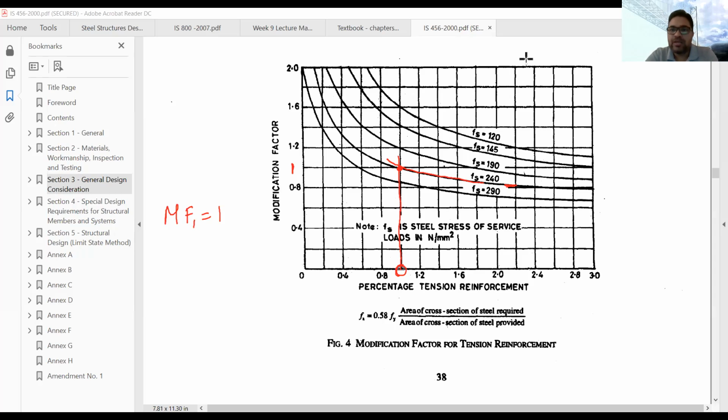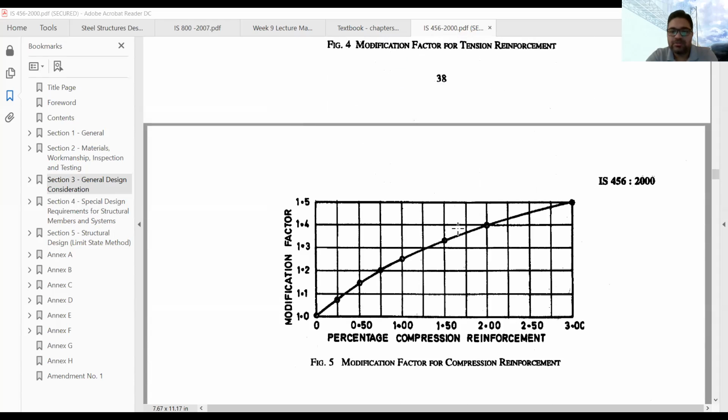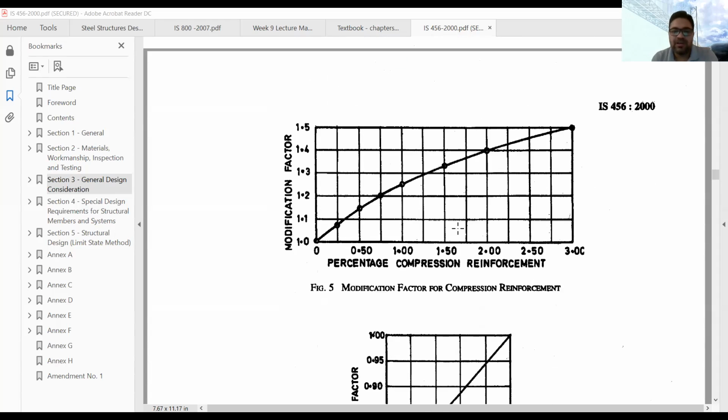Similarly, to calculate the value of MF2, I am showing you the second diagram. Figure 5 will be used for calculating the value of MF2. MF2 is dependent on the percentage of compression reinforcement. The compression reinforcement is 1.4%.